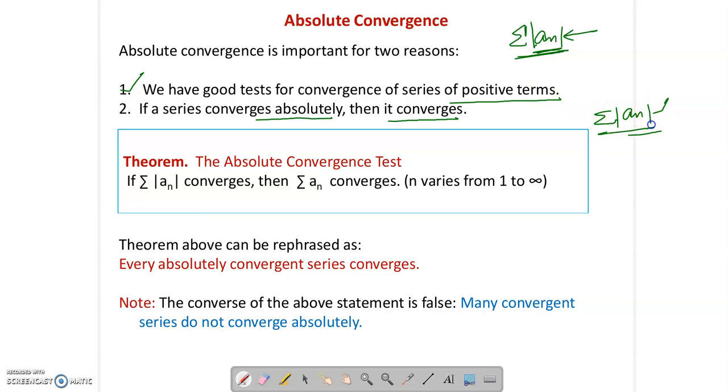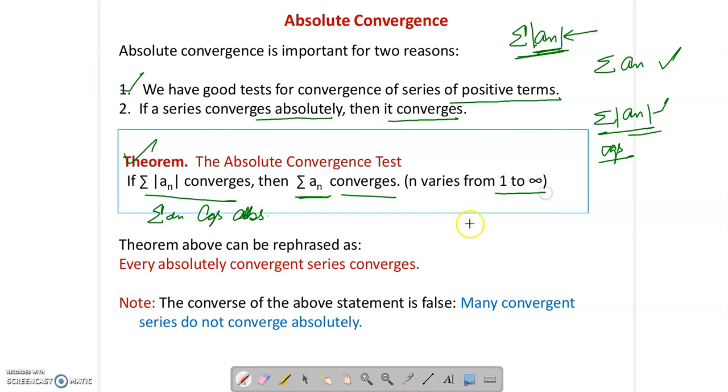Take the series of absolute values and test its convergence. If this turns out to be convergent, then we can conclude that the original series with both positive and negative terms also converges, because of this theorem which says that if this series converges absolutely, then this series converges.